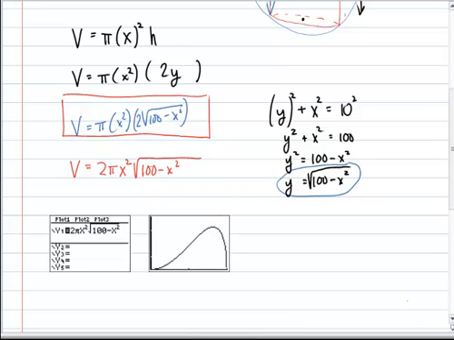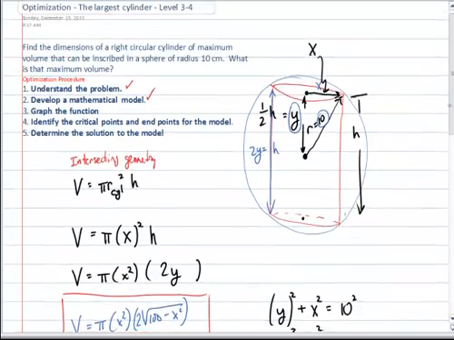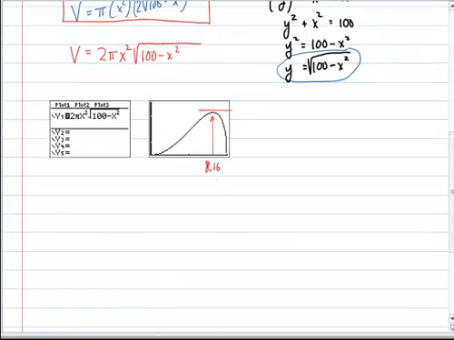So I plotted the volume as a function of x, and we definitely have a maximum value occurring. When I solve for the maximum using the graphing calculator, I got 8.16. I'm forgetting the units, so let me look back. 8.16 centimeters for where that max is.